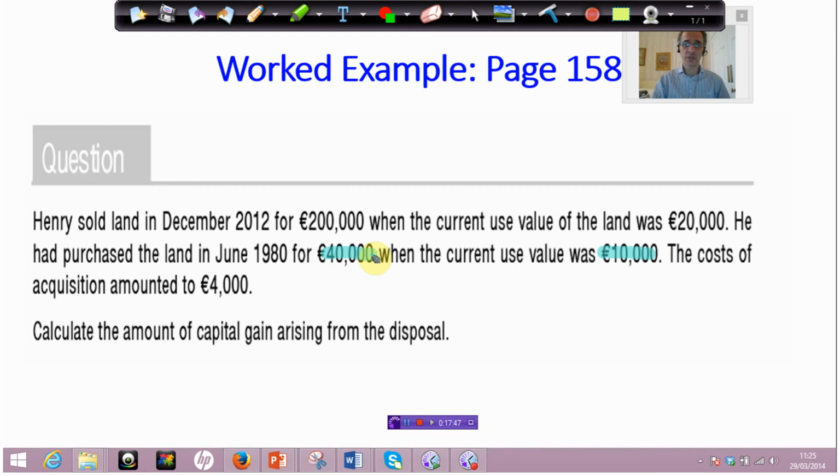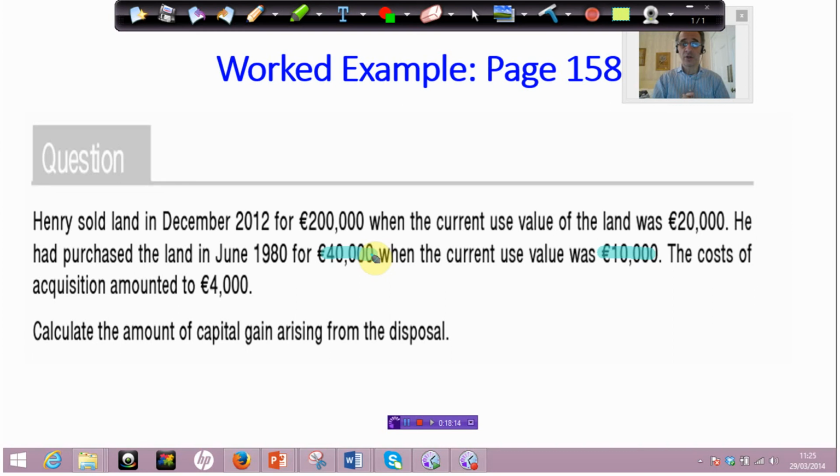But as far as we're concerned, anything associated with that differential between current use value and that increased development value, we're not going to allow you to apply your indexation relief to it. Now, if you remember, all that indexation relief does is simply uplift the value to the current level, in other words, at the date of disposal.